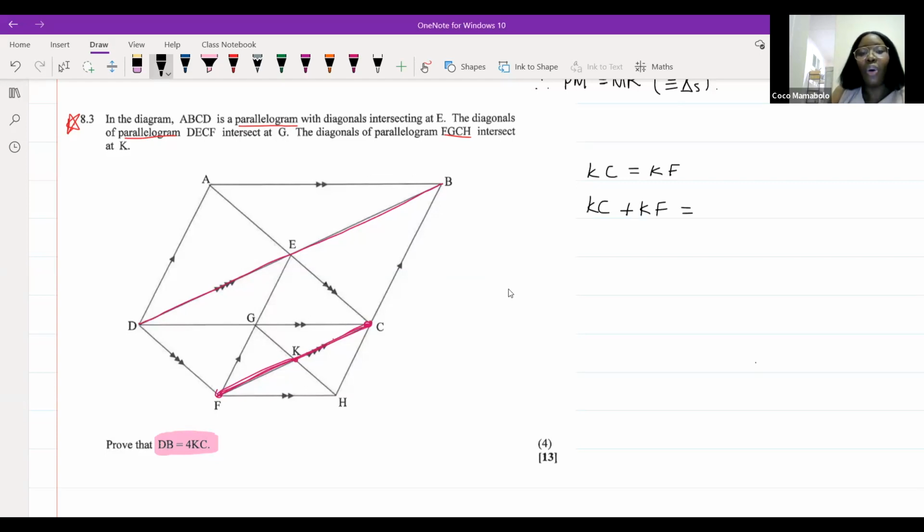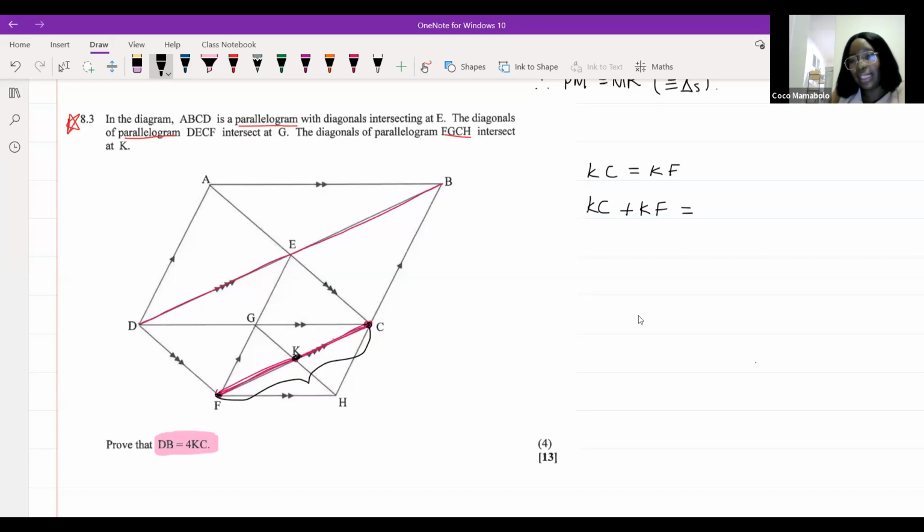Tell me, guys, what is KC plus KF equal to? Not the angle, Jessica. I'm looking for the side. What side is it equal to? KC plus KF is equal to, what is the side over here called? Good.